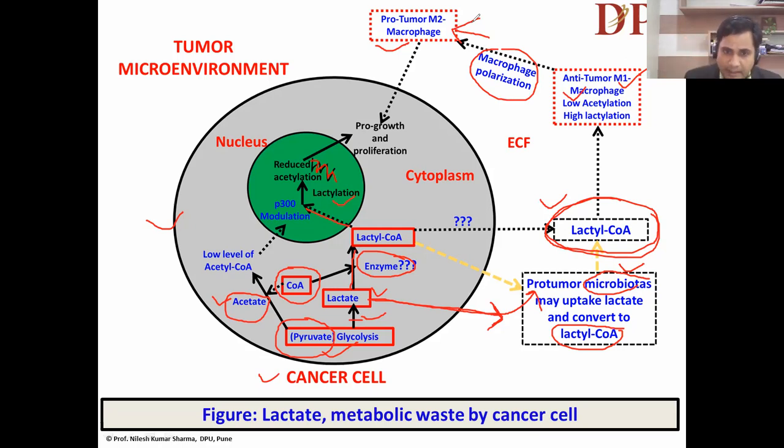See the link here? Lactate produced by the cancer cell in high amounts, and its product lactyl CoA, are channelized outside of the cancer cell to be given as a metabolic messenger to the non-cancer cells, either microbiotas or anti-tumor M1 macrophages, so that the anti-tumor macrophages are turned into pro-tumor.